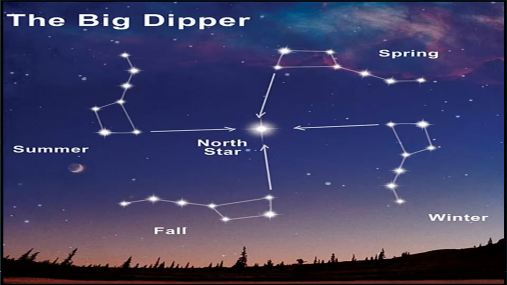Go out tonight, 11 p.m. ish, maybe midnight, 1 o'clock, and see where you see the dipper. Okay, it should be something similar to this position. I had a friend of mine just send me a picture of someone who took a picture of the dipper and it was in this position. So we can, in fact, know that we are in the correct season.